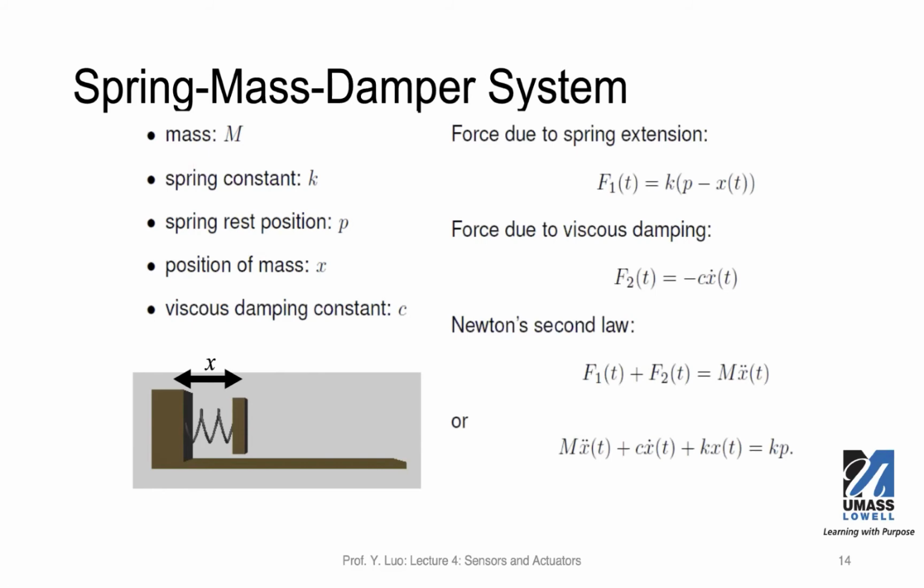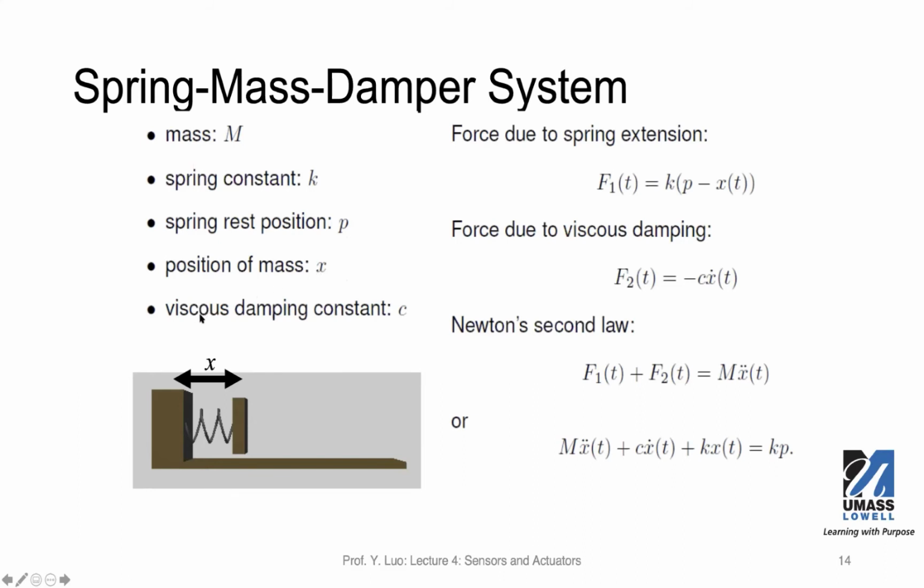And we use P to represent the rest position, which is the neutral position, where this mass can sit with no movement. And the position of the mass will be X, which is a variable that will change from time to time.